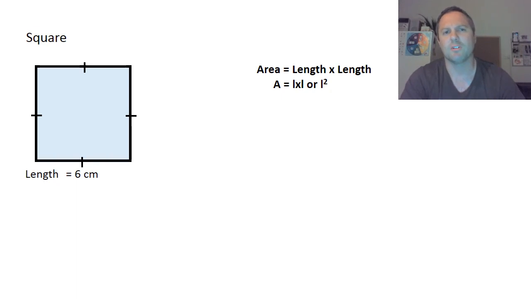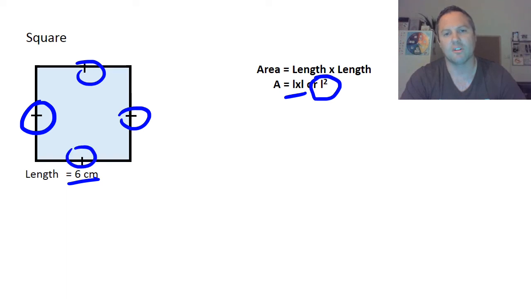Okay, we've also got a square. It's very similar to the rectangle, but in this case we've just got a length and length, which means we're looking at length squared or L times L. In this case our L is 6, which we get from down here. Now each of these lines shows that each side is 6.